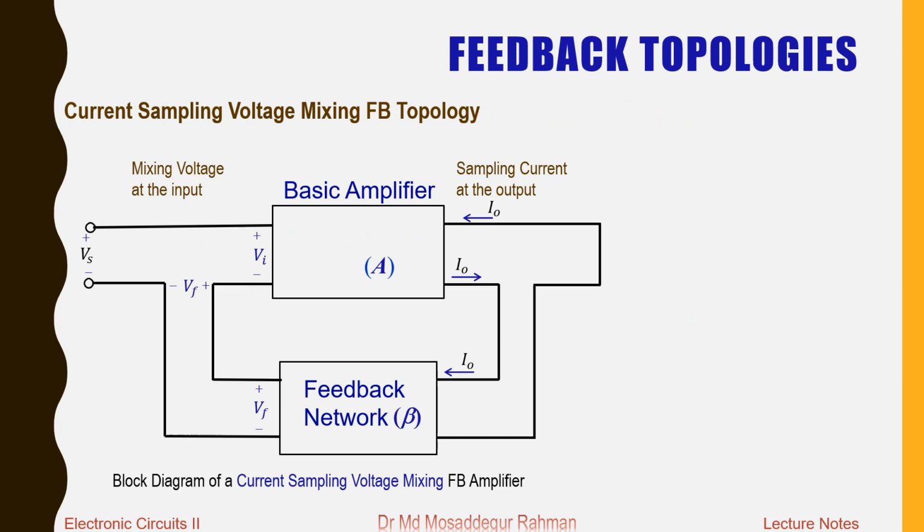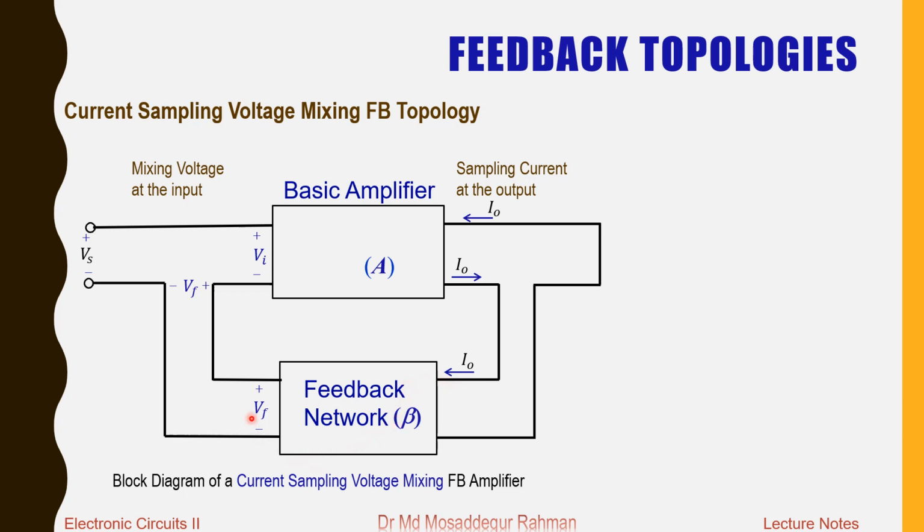This is our last feedback topology, current sampling and voltage mixing. It is sampling current at the output side like in the previous case, so the connection at the output side remains the same. It is a kind of series connection where the output current from the basic amplifier will flow into the feedback network.